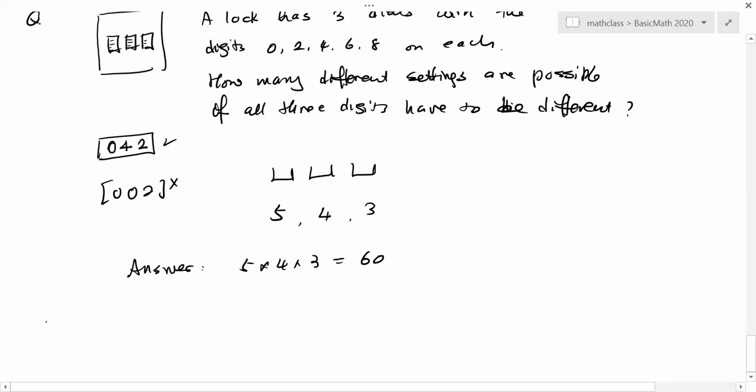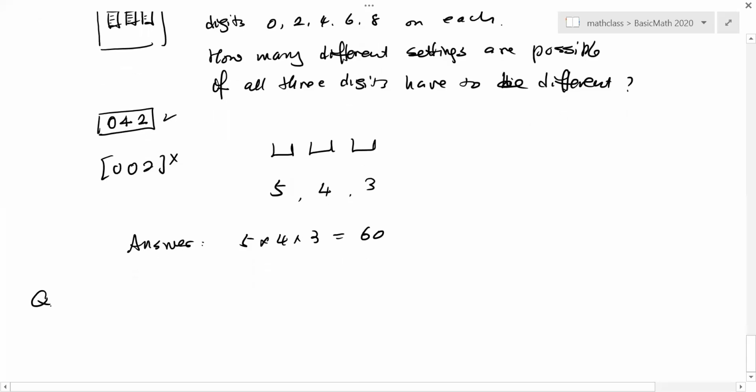All right, so our next question is about license plates. Here's a combination.